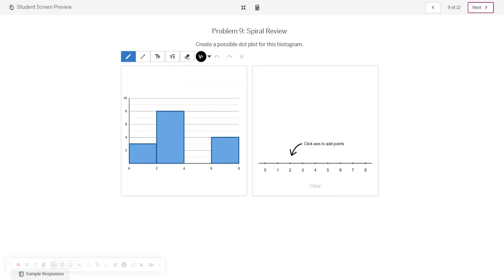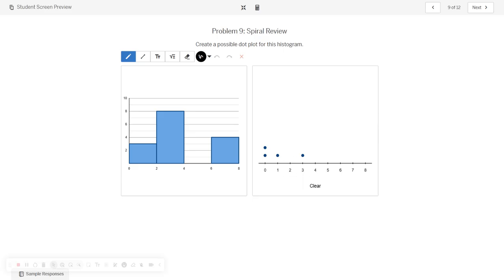Create possible dot plots. Really, there's all sorts of things that could be going on here. Can click the axis. Okay. I mean, you've got 3 that are between 0 and 2, not including 2. So maybe here. You've got 8 that are between 2 and 4.